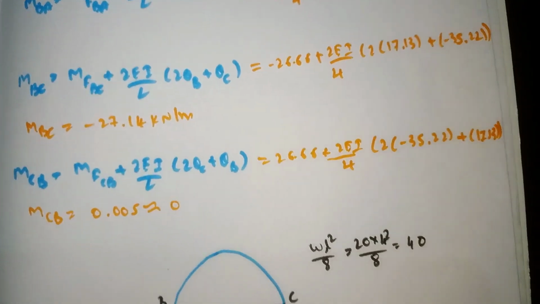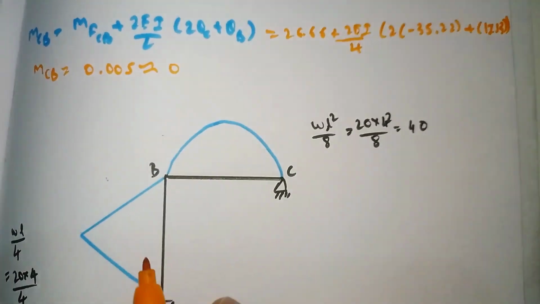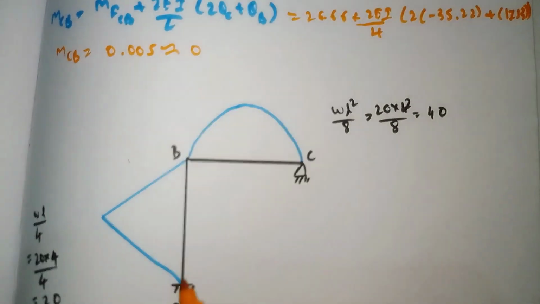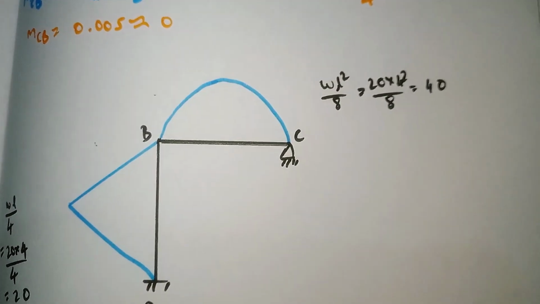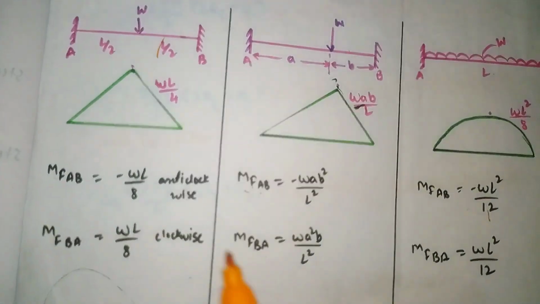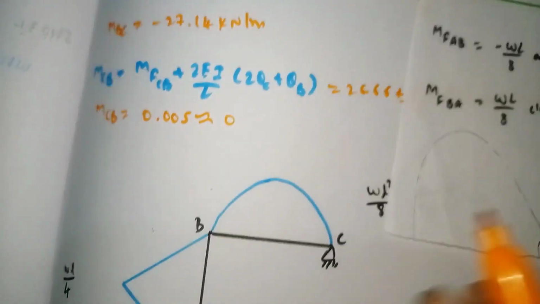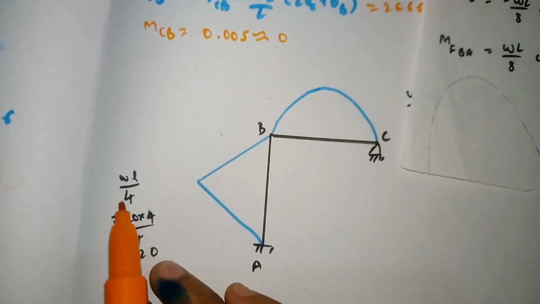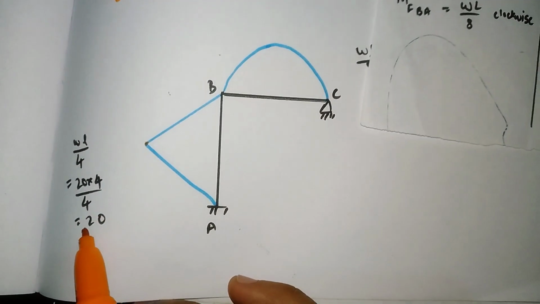So now we'll see. I have already drawn the free body diagram of this. Our span AB is carrying the point load. For the point load we have the free body diagram like this triangle. To find out this maximum we have the formula WL divided by 4, so substitute all the values. The maximum height of this will come out as 20.